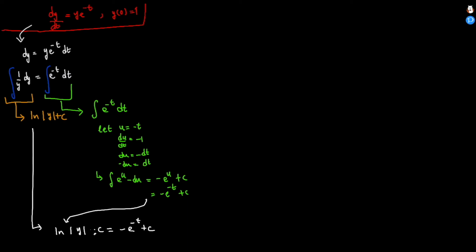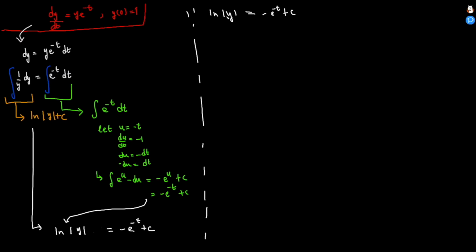We can just get rid of one of these, because the sum of two arbitrary constants is just another arbitrary constant. So we have the natural log of the absolute value of y equals minus e to the minus t plus c.